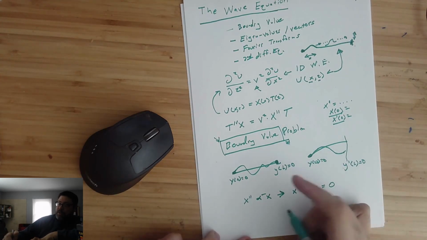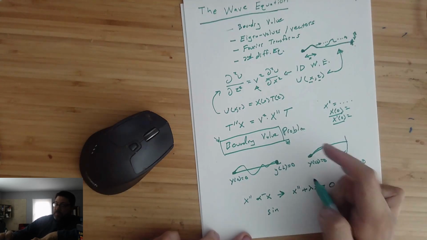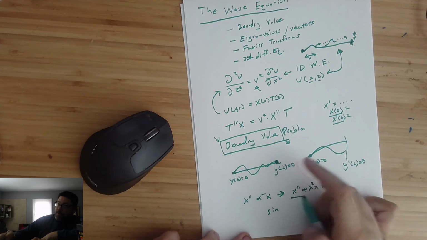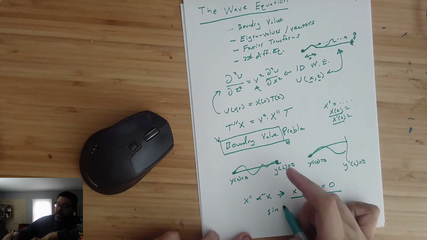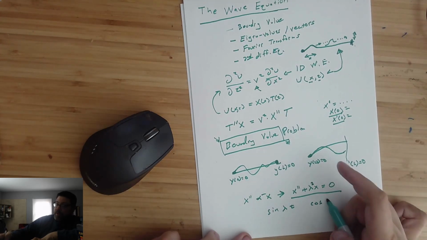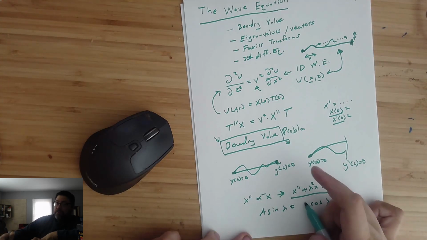The solutions to this, for example, are the sine of, let's make this lambda squared to make our life easier, right? So the solutions to this equation are the sine of lambda times t or the cosine of lambda times t. And of course, we can have any kind of constant out in front we want.